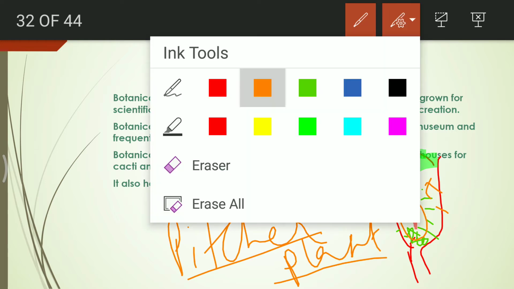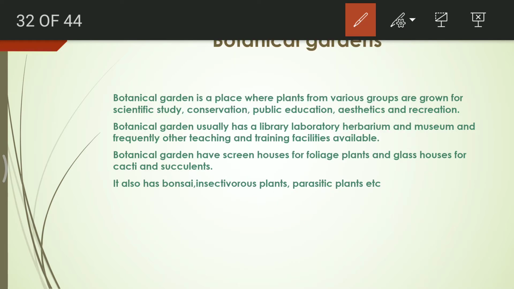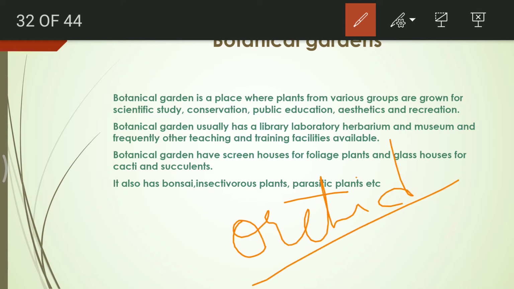Sometimes parasitic plants are also planted, and one of the parasitic plants is the orchid. You will see on the bark of the big trees in our school also, many of you may remember that during the rainy season flowers come, and those flowers are very pretty.